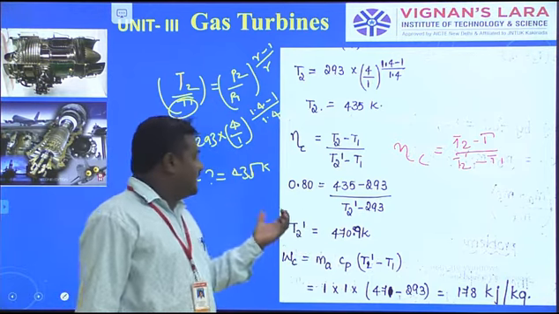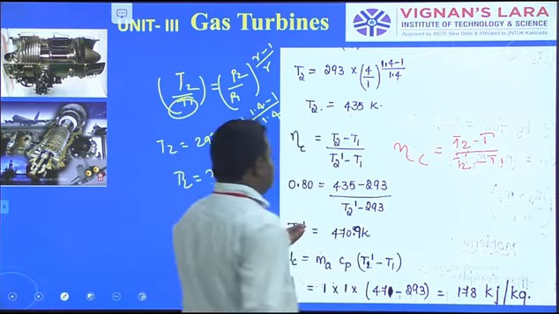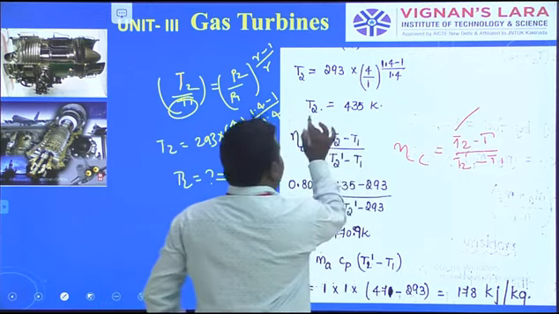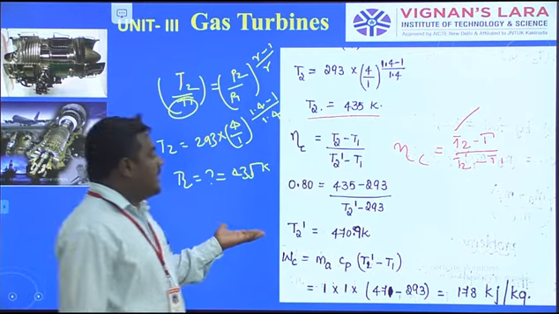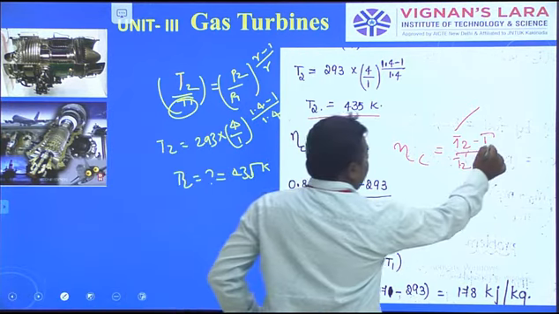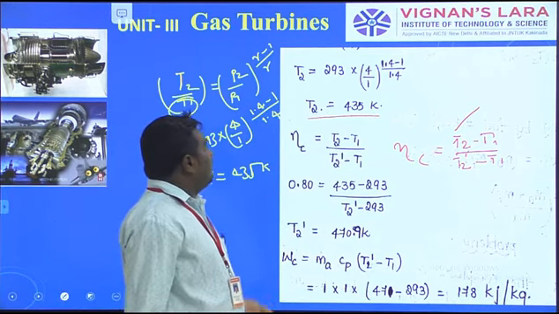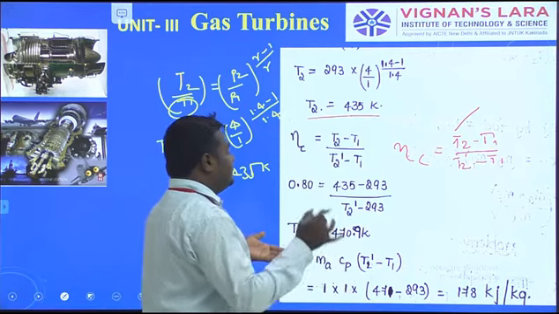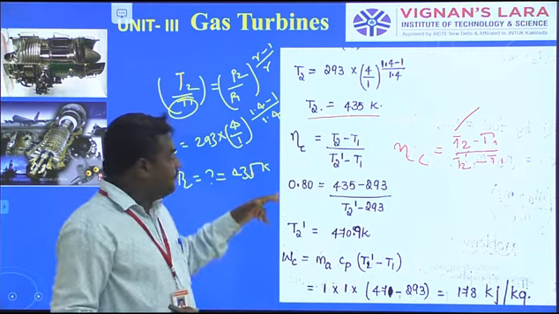The efficiency of the compressor is already given, 80%. Then we substitute in this equation: the T2 value we know already, and the T1 value is given. So finally we substitute in this equation.